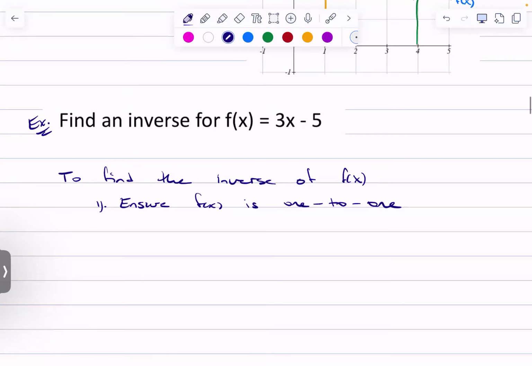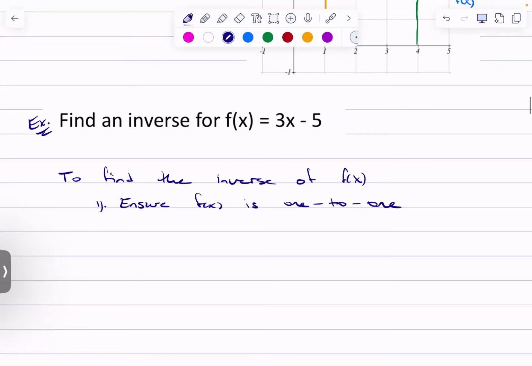How about light blue? Let me just clean this up. Okay, got a couple of steps to go.